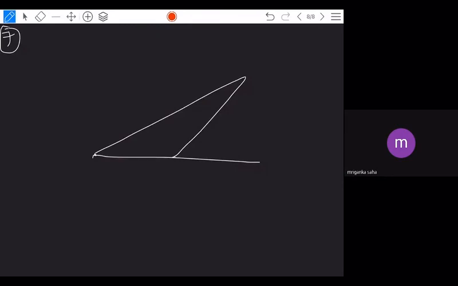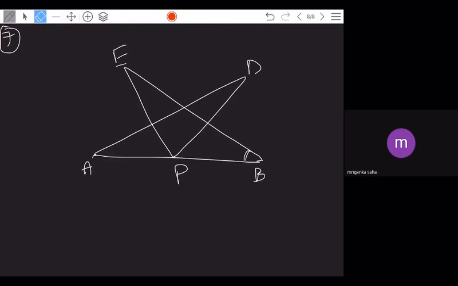Okay, and here let us name these points A, B, P, E, and D. Okay, so now this angle is given to you. This angle is equal to this one, it is given, and this angle is equal to this angle, it is given.